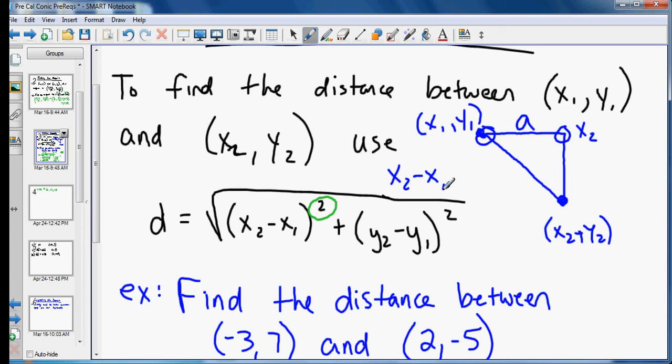And then this up here is even with y1, and this down here is even with y2. So this distance could be labeled y2 minus y1. And since it's a right triangle, we know we could do the Pythagorean theorem.